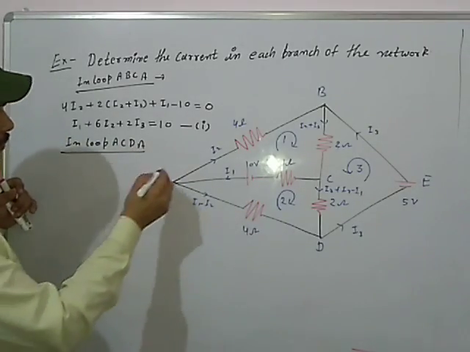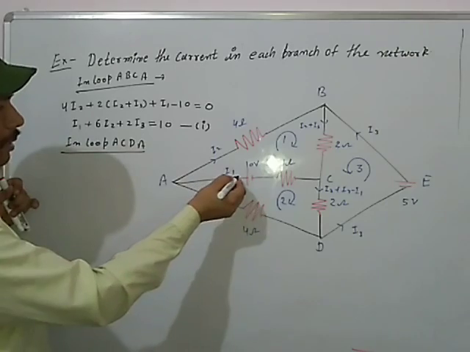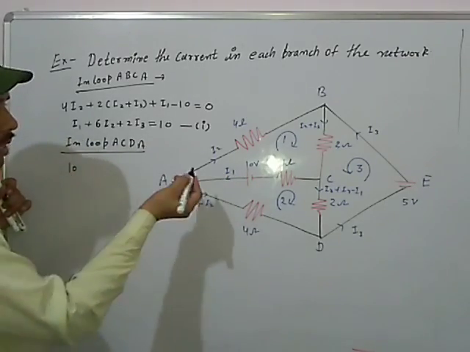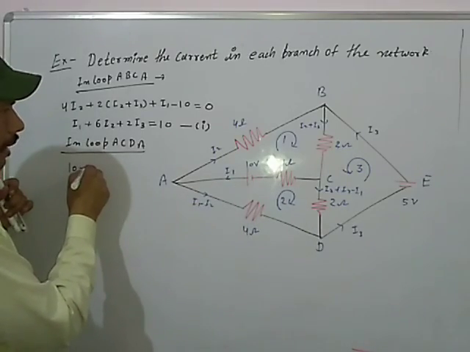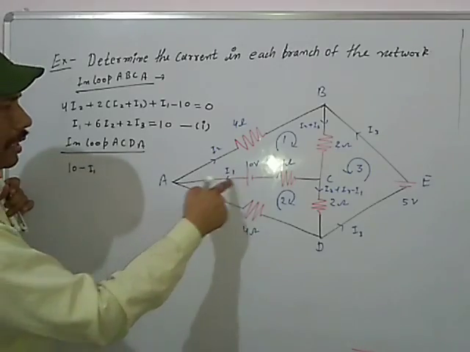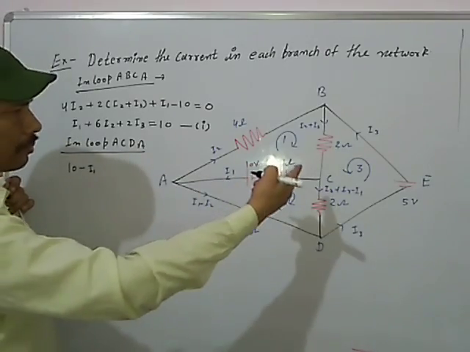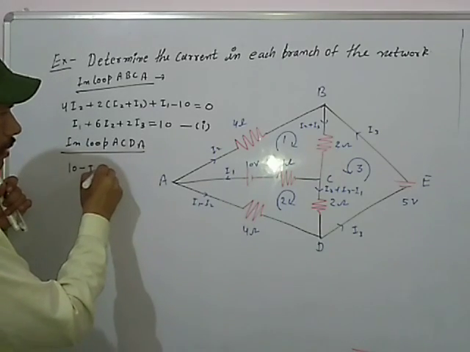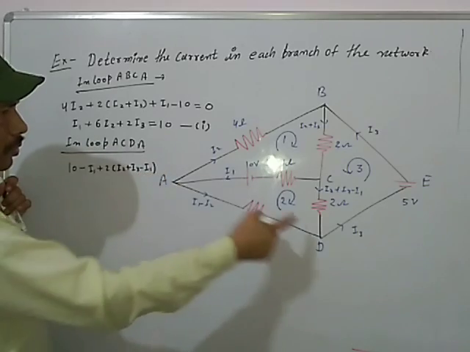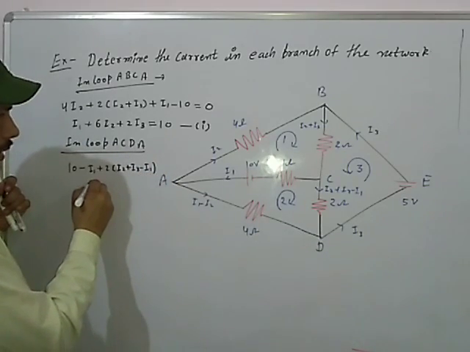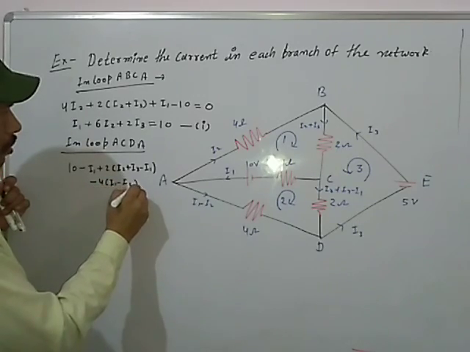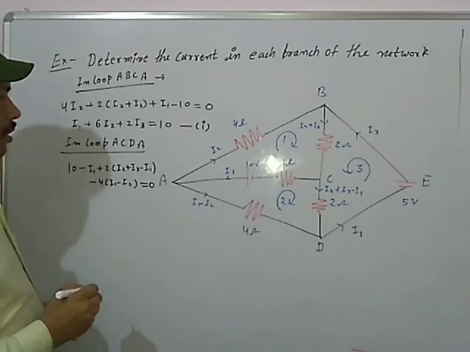In this loop we are moving from A, तो सबसे पहले तो हमारा पॉजिटिव टर्मिनल ऑफ द सेल ये आ रहा है, ये 10 वोल्ट, तो प्लस का लेंगे, एंड हियर दिस इज माइनस 1I1, मतलब I1 माइनस क्यों? क्योंकि डायरेक्शन ऑफ द करंट इज अपोजिट टू द डायरेक्शन ऑफ द मूवमेंट. अब C से D आते हैं तो प्लस 2I2 प्लस I3 माइनस I1. उसके बाद D से A की तरफ जब जाते हैं तो ये हो जाएगा माइनस 4I1 माइनस I2 इज इक्वल टू 0. इस तरह से ये कंप्लीट हो गया.